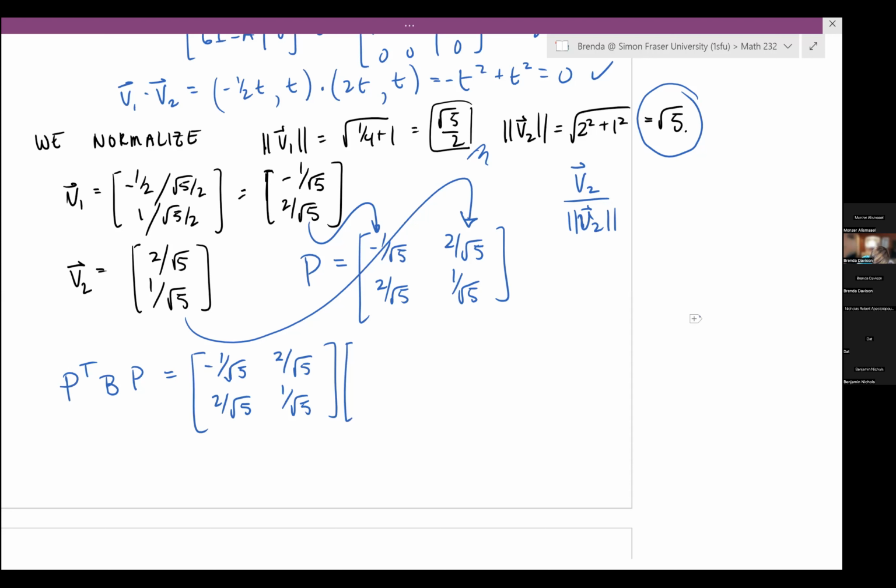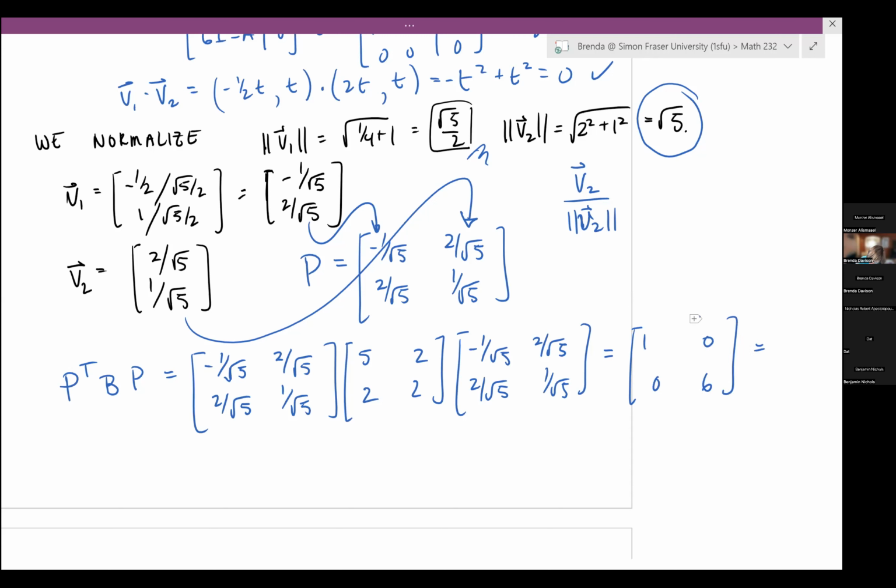Yeah, so P transpose is P. Okay, and then there's B, the matrix we started with, and then there's P. This doesn't actually have to happen, this is a coincidence. They're the same. Okay, and then when I multiply those guys together, which you can do, the same thing happens. I will get the eigenvalues on the main diagonal, and that is my matrix D.